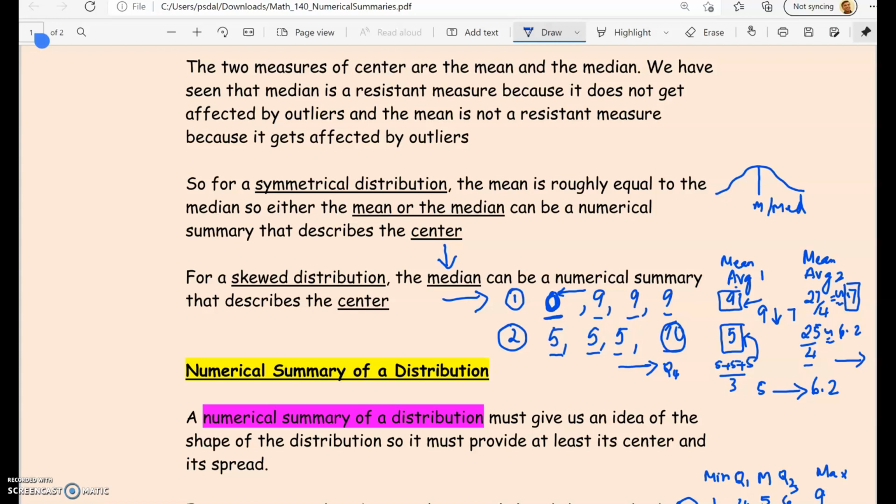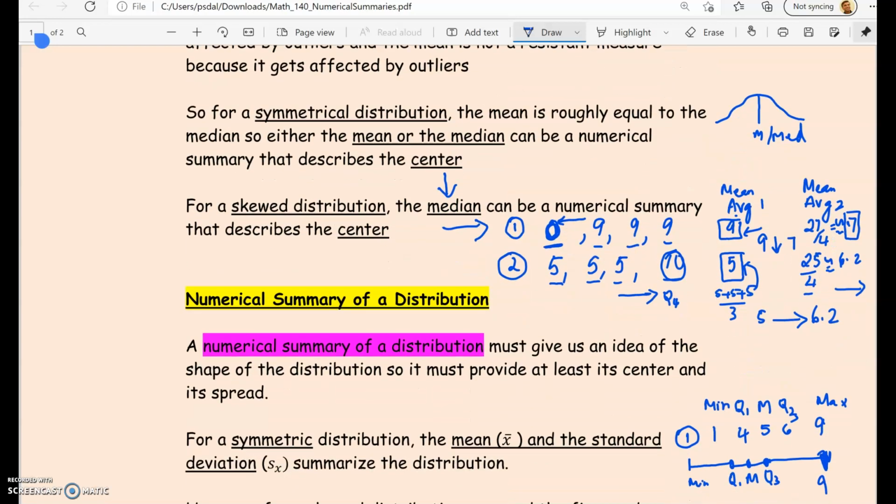The median is a numerical summary that describes the center of a skewed distribution. But if it is symmetrical, the mean would roughly be equal to the median, and you could use either the mean or the median to describe the center of the distribution.